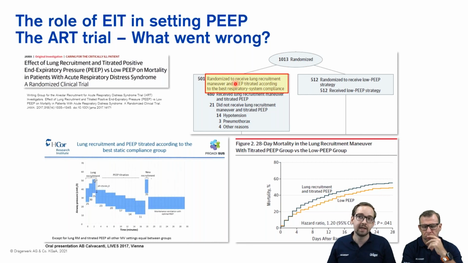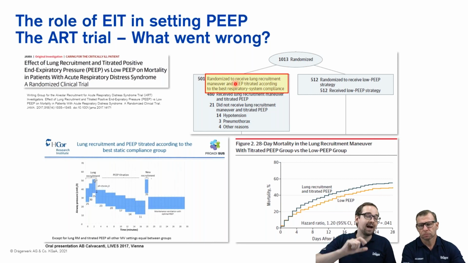There was no link between lung recruitability or an assessment of recruitability and actually being chosen for the recruitment group. So when we look at these results, we can ask the question, is lung recruitment killing patients? Is the door closing on the open lung?